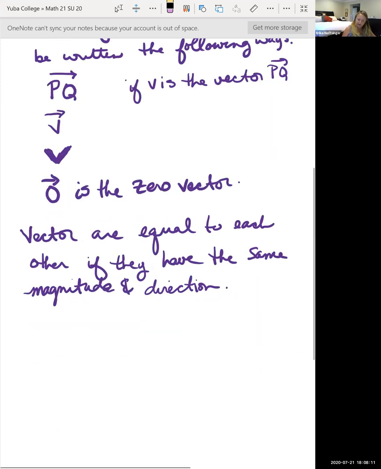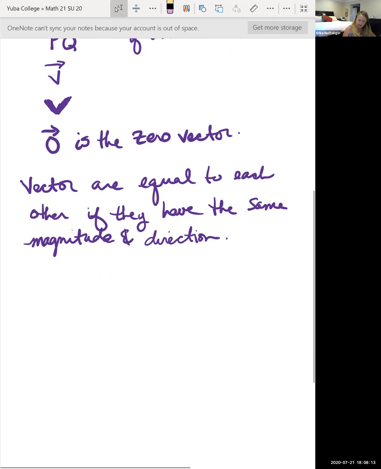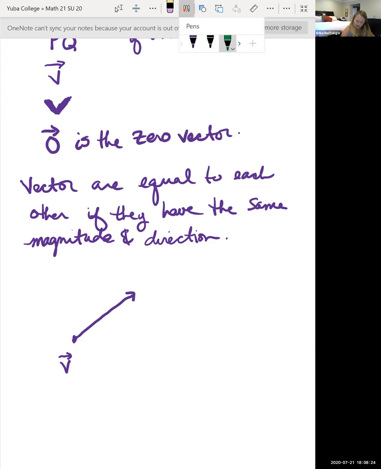Okay, so let's say you had some vector out here. This is our vector V. If I had some other vector, in a different spot right here, but it was heading in the same direction and it was the exact same length, W, we could say that these two vectors were equal to one another.